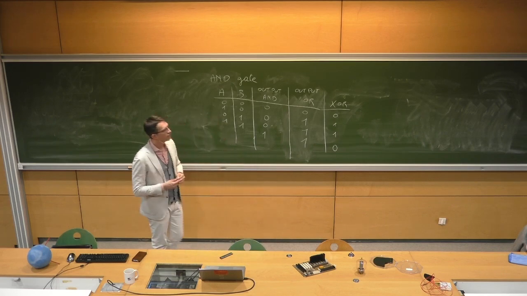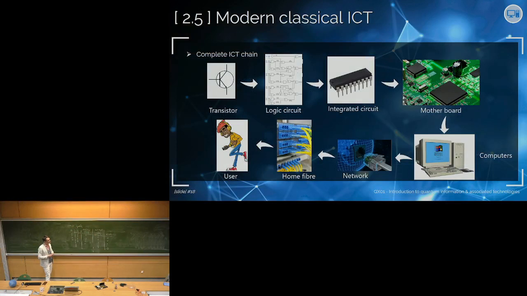So if I want to summarize, this was a short introduction, but necessary in order to have the full picture of where we stand now and where we want to go afterwards. So we can go from transistors. With many transistors, we can make gates.